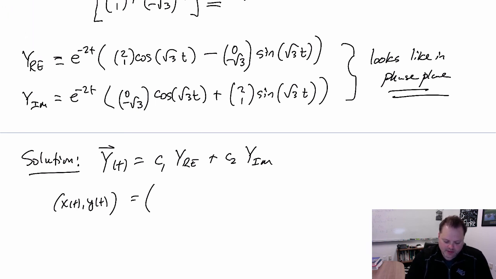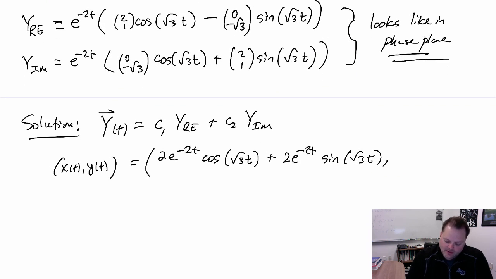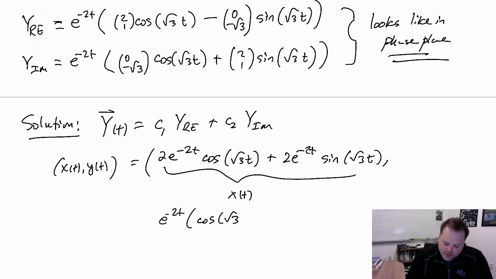So the top component is 2e to the negative 2t cosine root 3t plus 2e to the negative 2t sine root 3t. That's x. And then y, the bottom component, would be e to the negative 2t cosine root 3t. Oh, I'm forgetting my C1s and my C2s, sorry. This would be C1 times this piece, C2 times this piece.